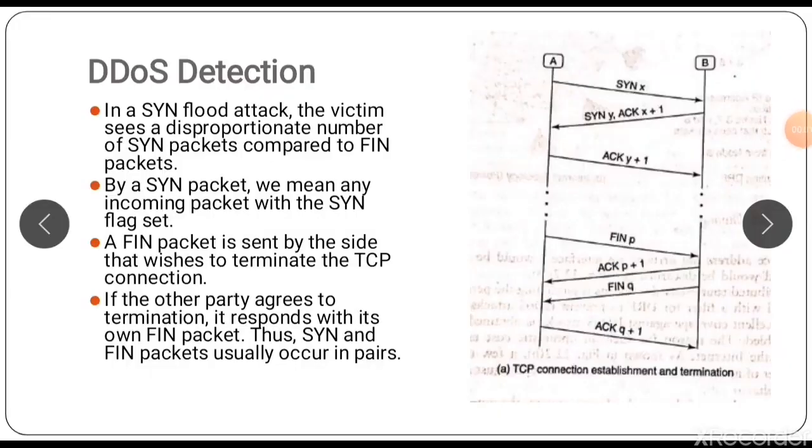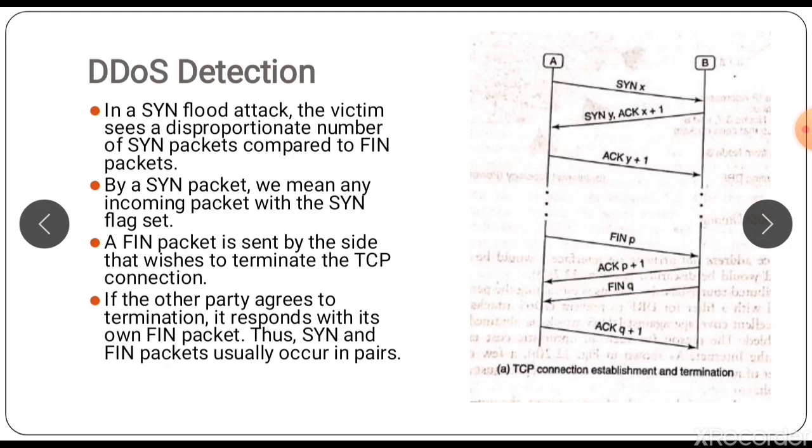Let's see how distributed DoS detection will work. You can see in the figure, in a SYN flood attack, the victim can see a disproportionate number of SYN packets compared to FIN packets. By a SYN packet, we mean any incoming packet with the SYN flag set, and we know that the packet is a TCP connection request packet.